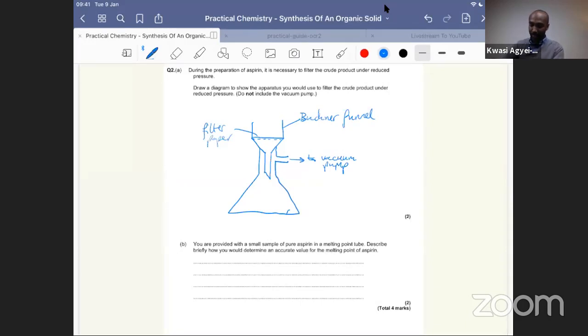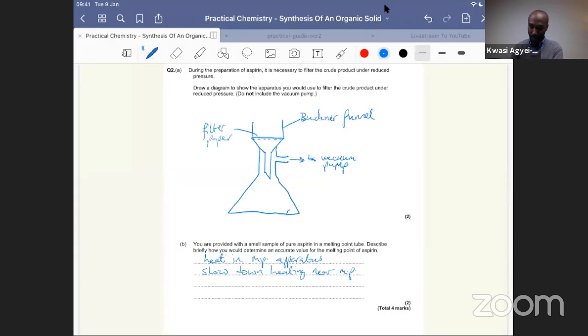It says you're provided with a small sample of pure aspirin in a melting point tube. Describe briefly how you would determine an accurate value for the melting point of aspirin. You're going to heat it in a melting point apparatus. You're going to slow down heating near the melting point and record the temperature.